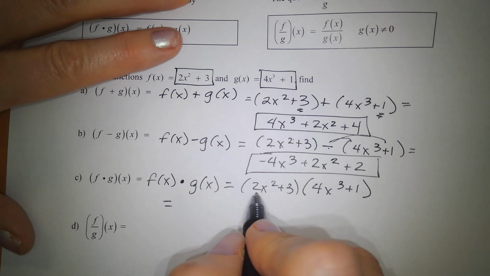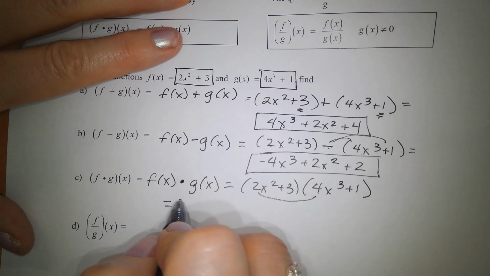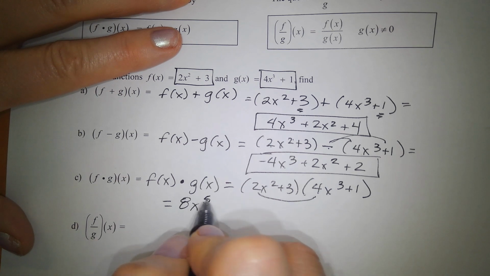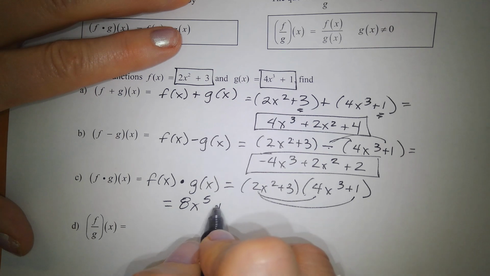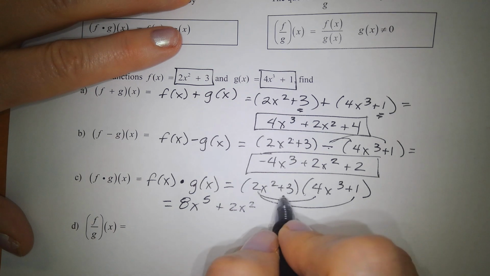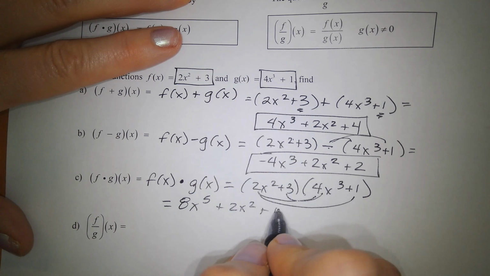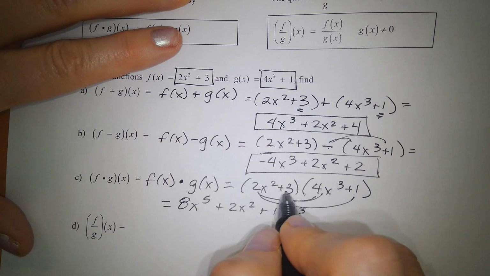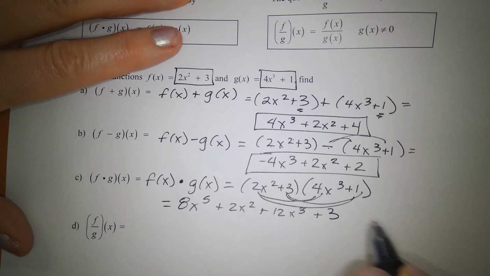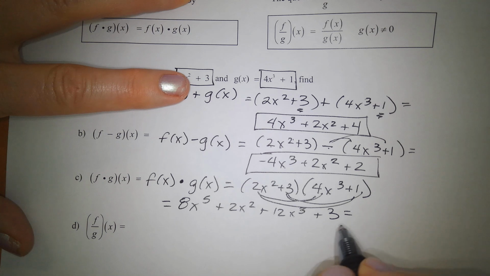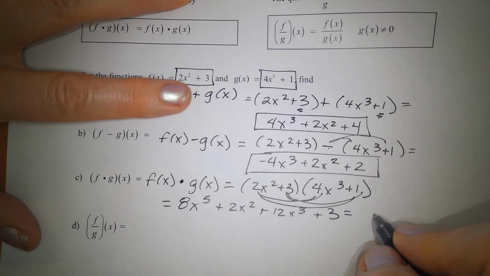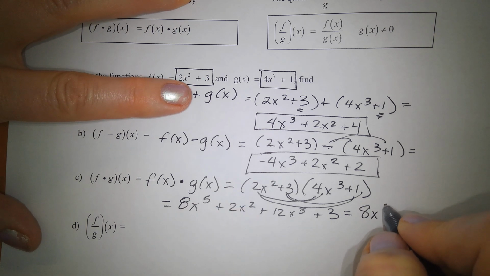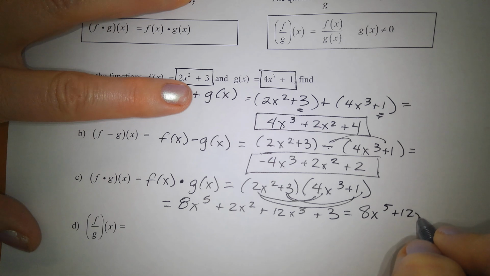When I FOIL this, I get 8x to the fifth plus 2x squared plus 12x to the third plus 3. I might want to consider writing this in descending order of power, so I will write 8x to the fifth plus 12x to the third plus 2x squared plus 3.